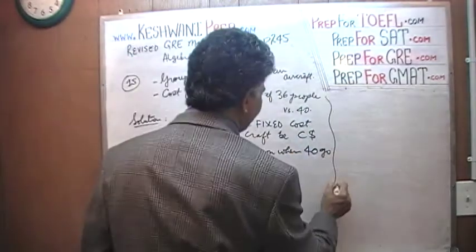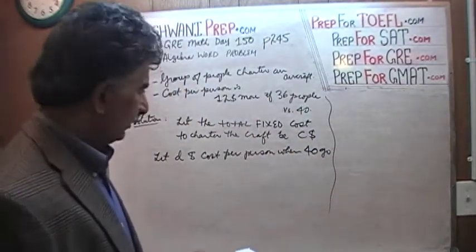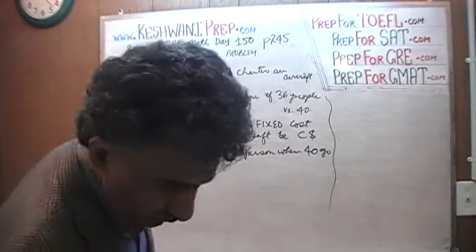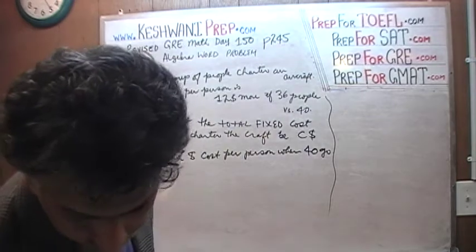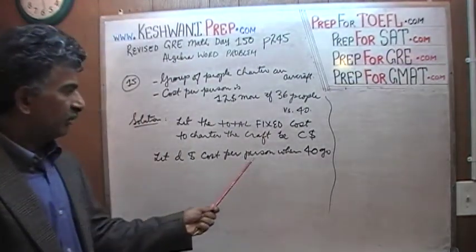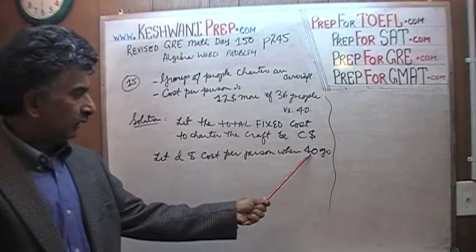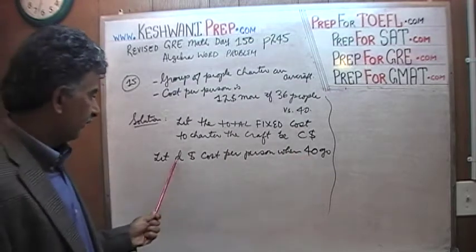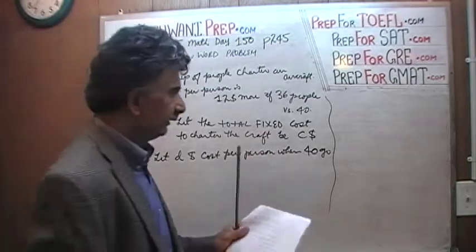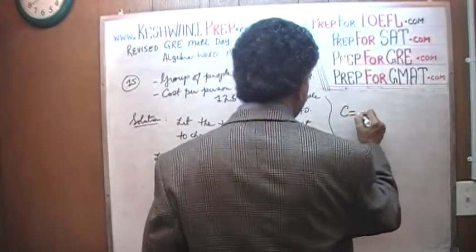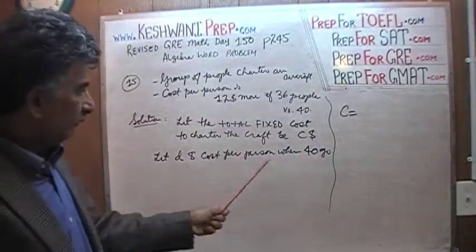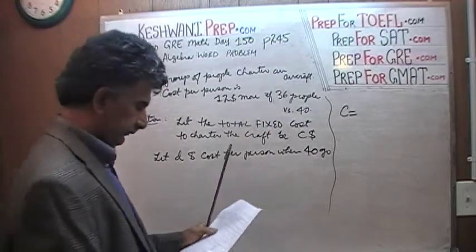If we use C to represent the total cost, and D to represent the cost per person when 40 of them are going, then it stands to reason that 40 times the amount per person must be the total cost. So the total cost must be the amount that each person is paying when 40 people are going times 40.